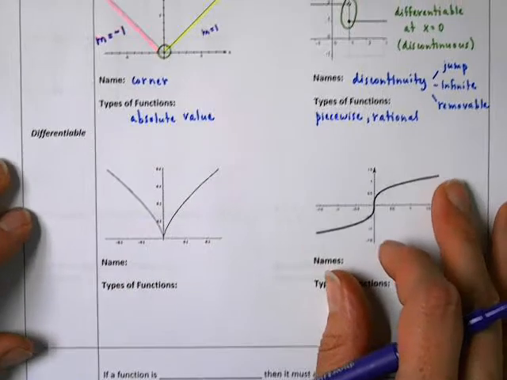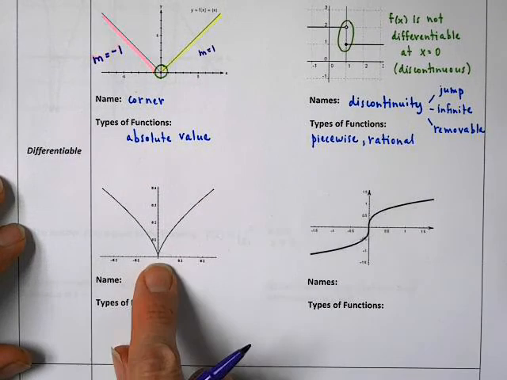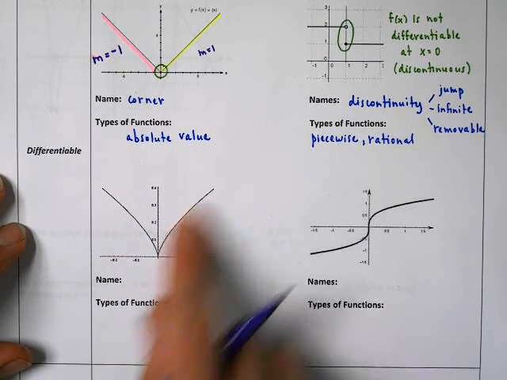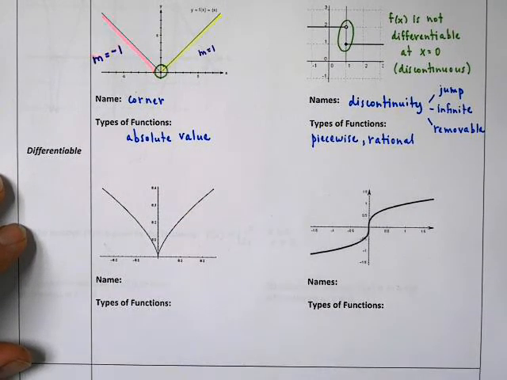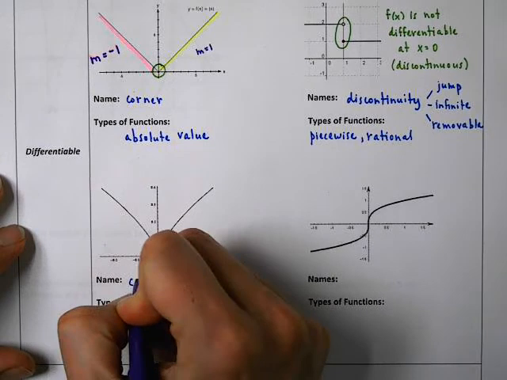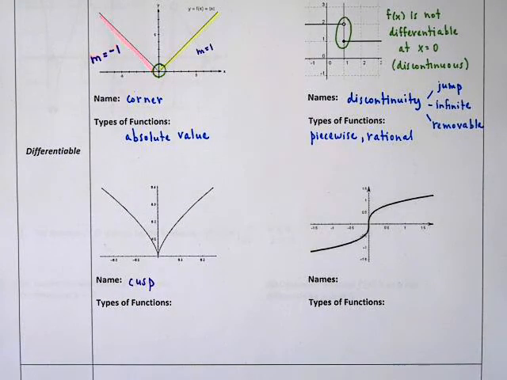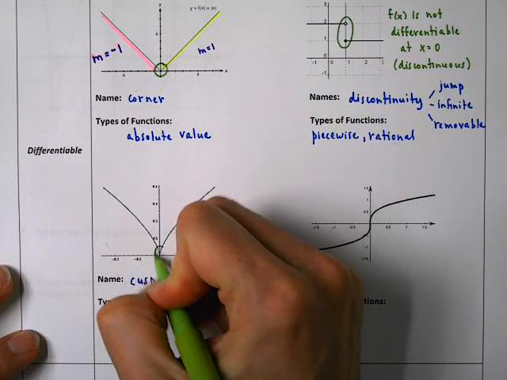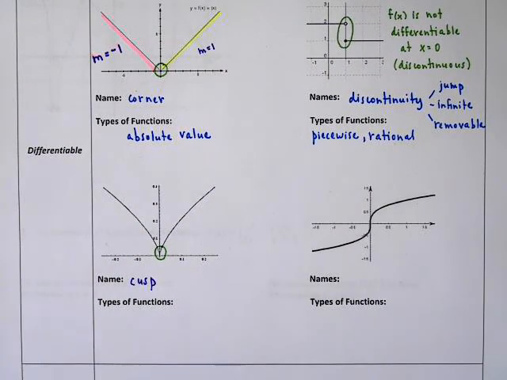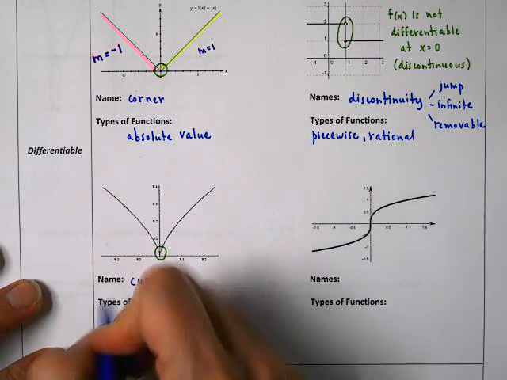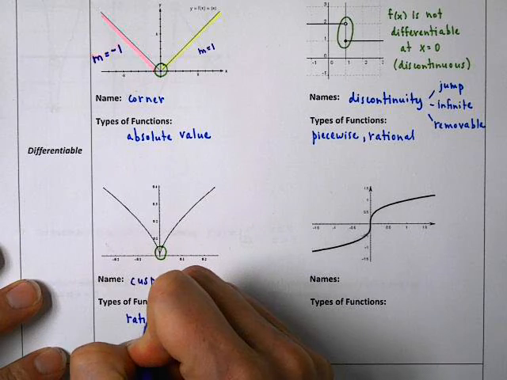Now the next thing we can have happen is this. It almost looks like a corner, except it's not strictly linear at that point. This is called a cusp. Again, we see that happening here at x equals 0. And a cusp is going to happen when we have a function with a rational exponent.